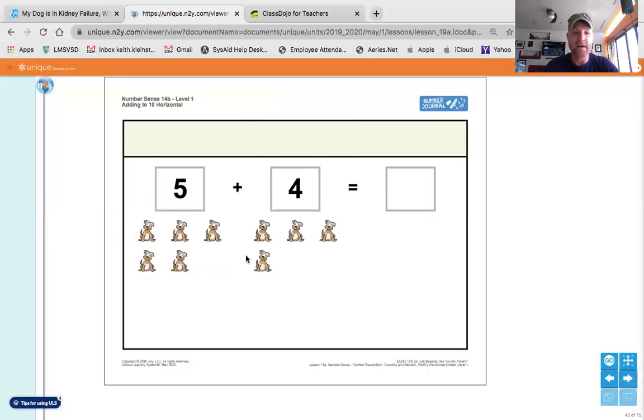Okay, we have 5 dogs plus 4 dogs. So we're going to start with 5, 6, 7, 8, 9. Find the number 9. 5 plus 4 equals 9.